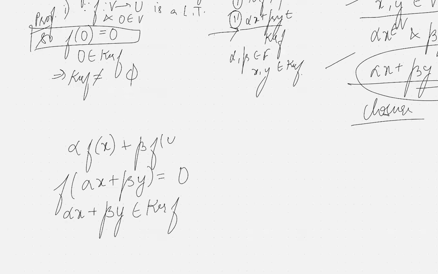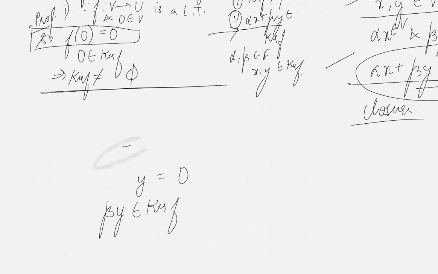So now, how can we get this? Now this is the point. What are x and y? For showing this, we always start with, wait, now a little bit how to start.